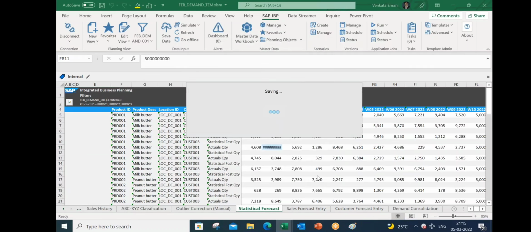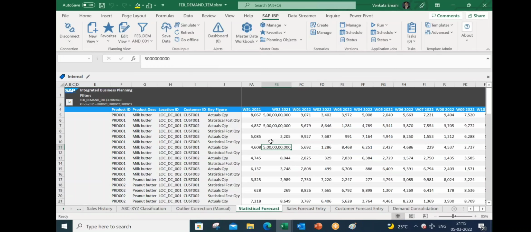Why did it not detect it? Because it is not falling in my history bucket. We have put it in week 12, right? Yes, until week 2. Now this will be detected as an outlier. Now let us run.